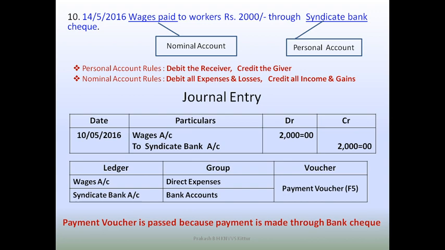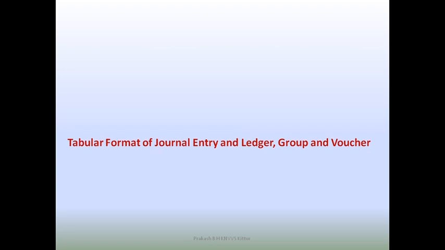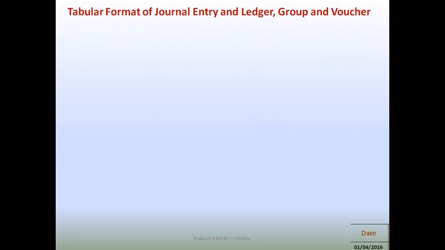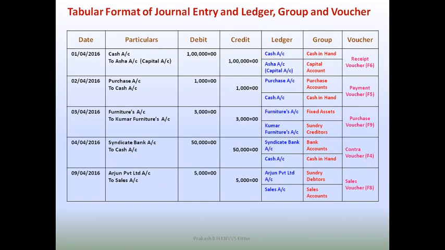Let us enter these transactions in the tabular format. In the tabular format we are entering the transactions in the journal entry, ledger, group and vouchers. So there is a date, particulars, debit amount, credit amount, ledger, group and vouchers.